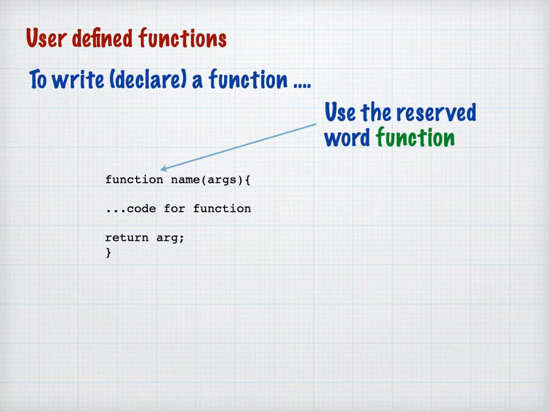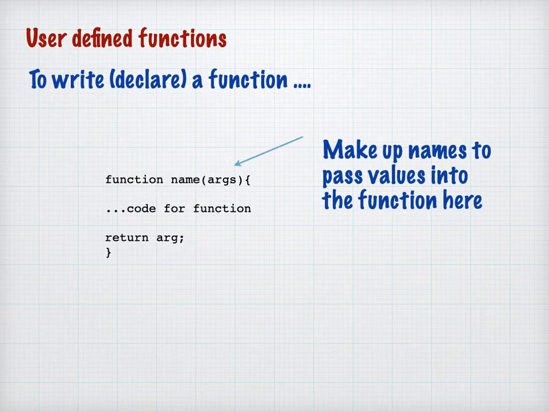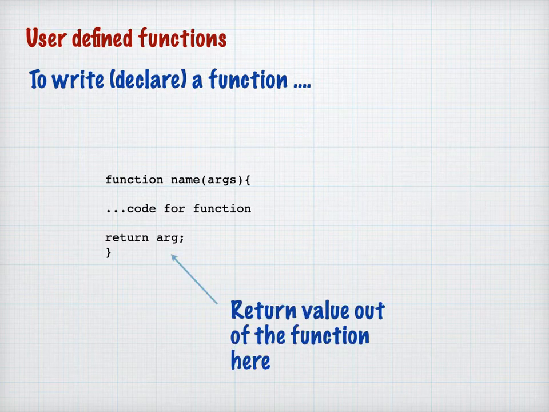So to actually declare a function, you write the reserved word function, and then you make up a name for the function, and then you think about what data, what names will be used inside the function, and then down the bottom you'll think about what piece of data will actually be returned out.